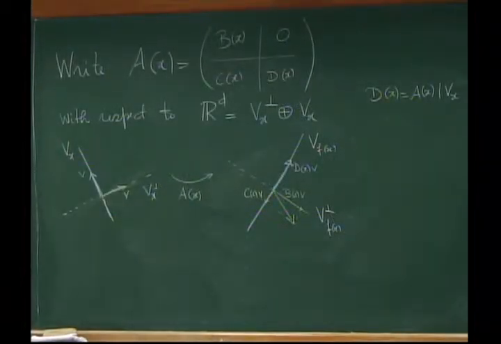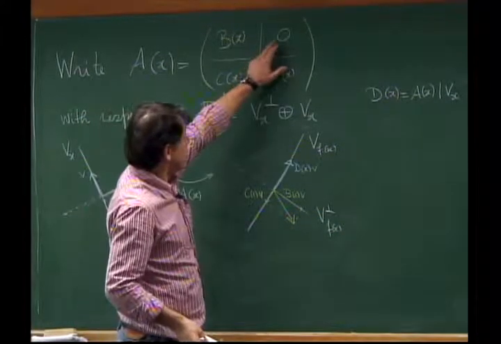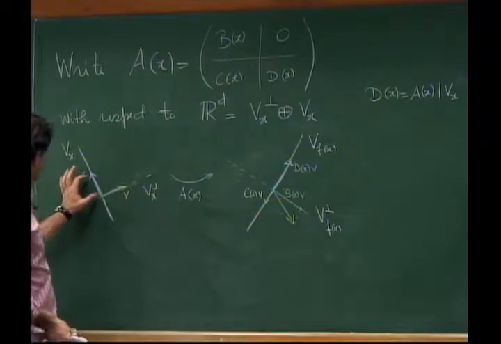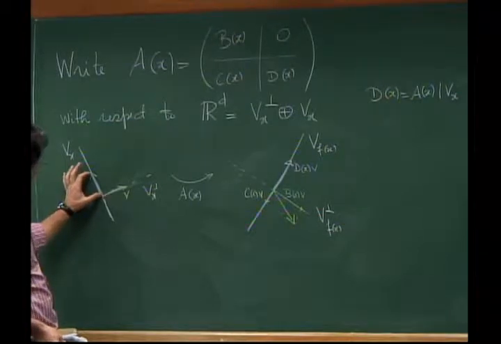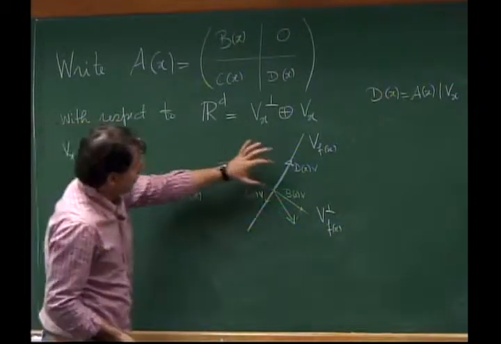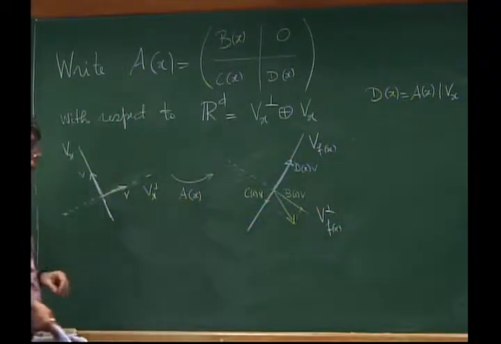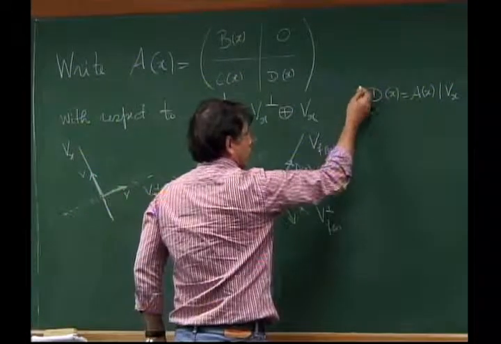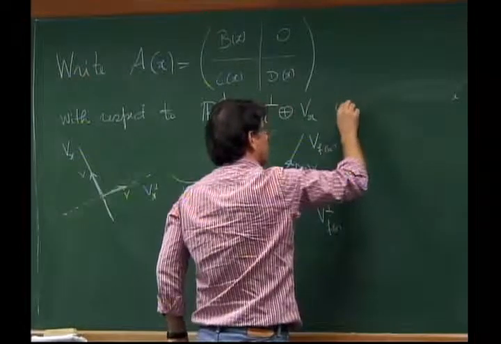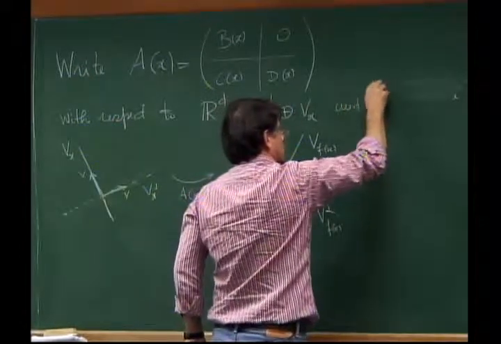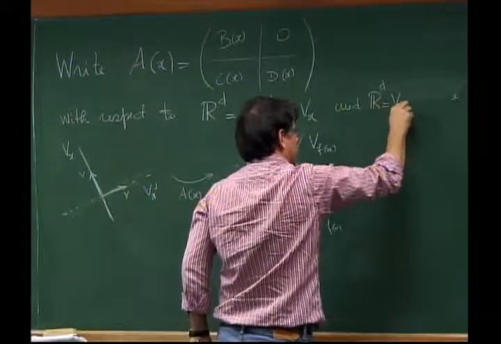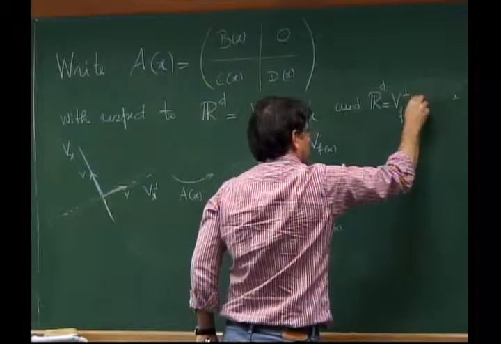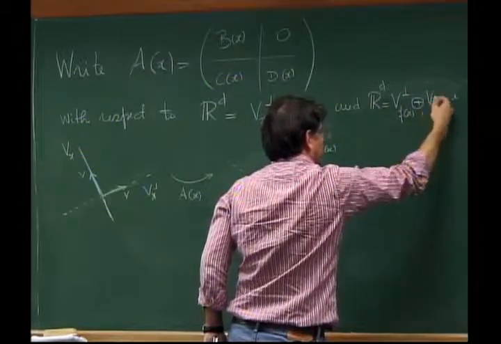Okay, that's what it means. What this expression means, and the fact that we have a 0 here, corresponds precisely to saying that if I take a vector in Vx, it goes to a vector in V f of x. So with respect to R^d equals V f of x orthogonal plus V f of x.